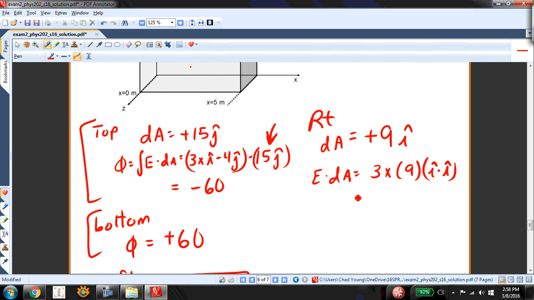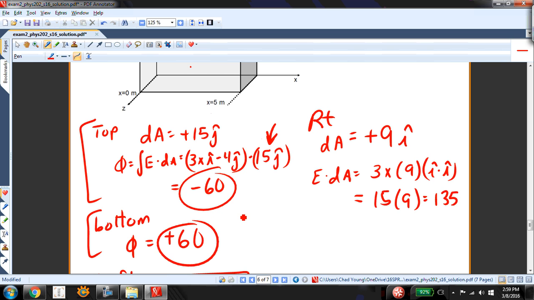I left off the j term there because i dot j is equal to 0. So that's 3x times 9. Here x is 5, so I have 15 times 9, which is equal to 135. All right, so now I add up these three values, and I get my total flux as 135. Now, Newton meter squared per Coulomb.